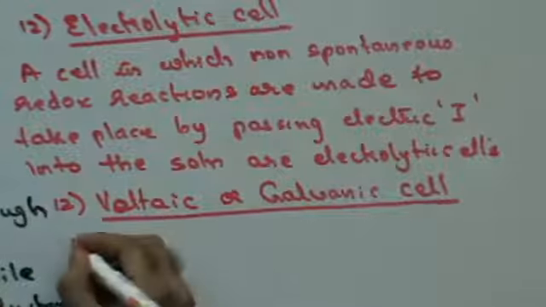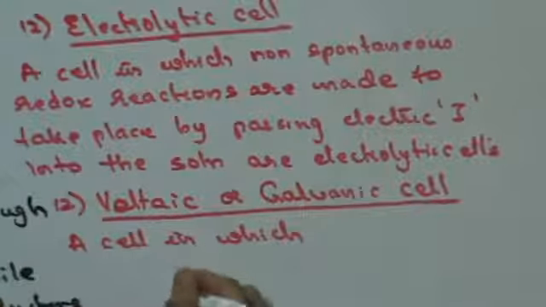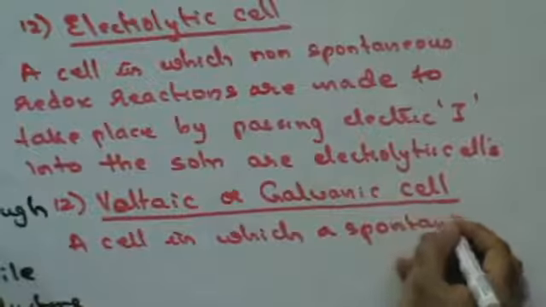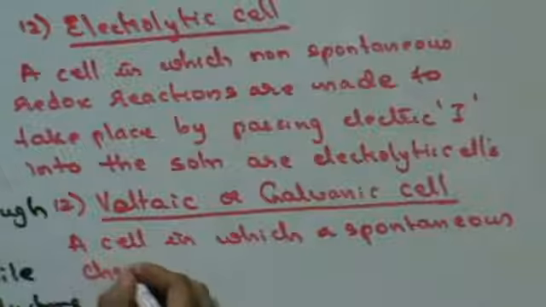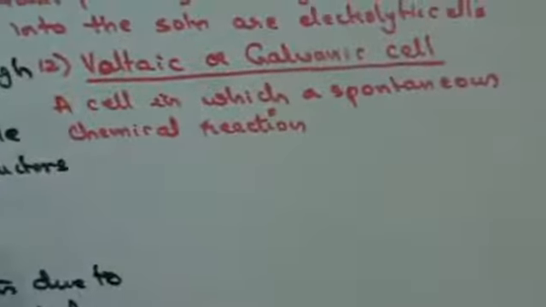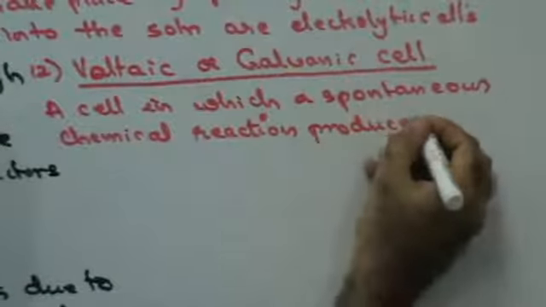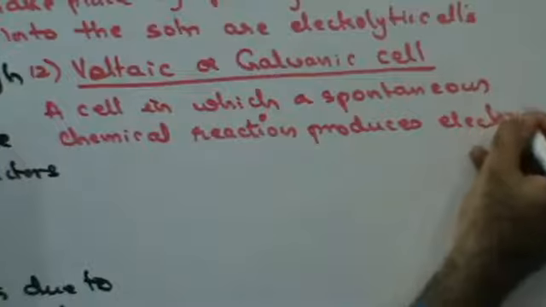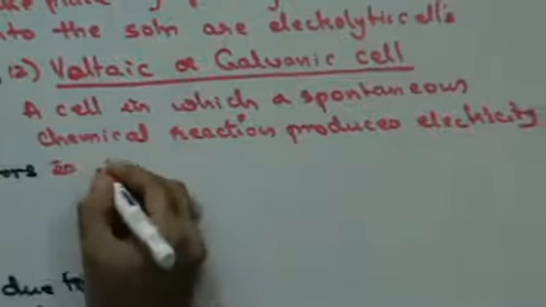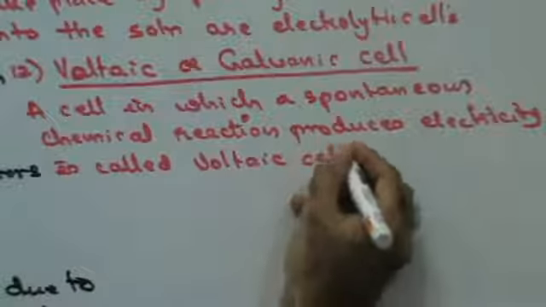A cell in which a spontaneous chemical reaction produces electricity is called a voltaic cell or galvanic cell.